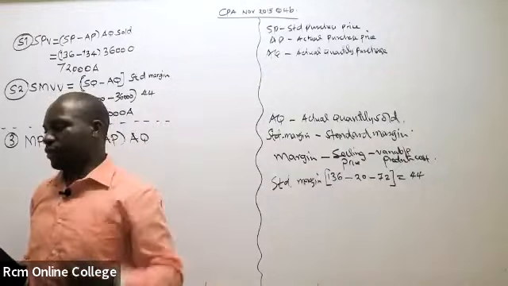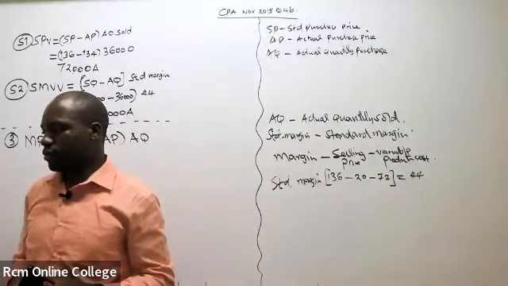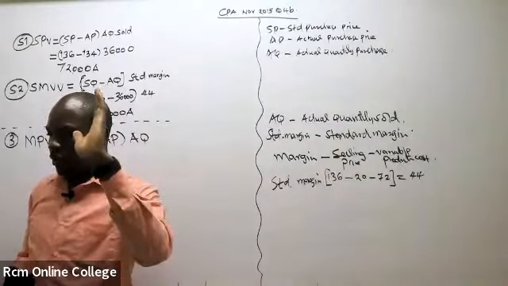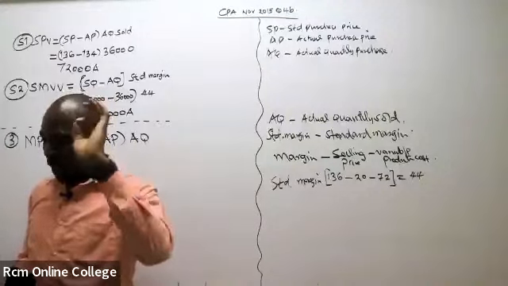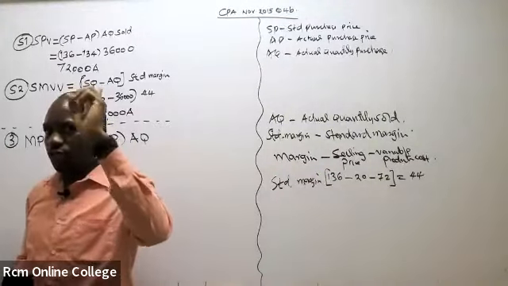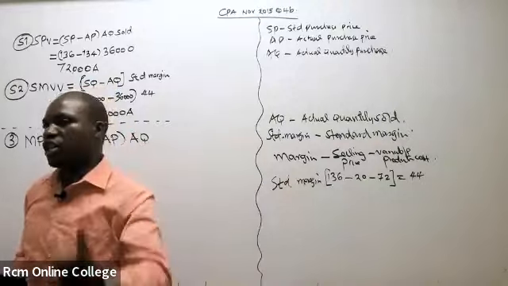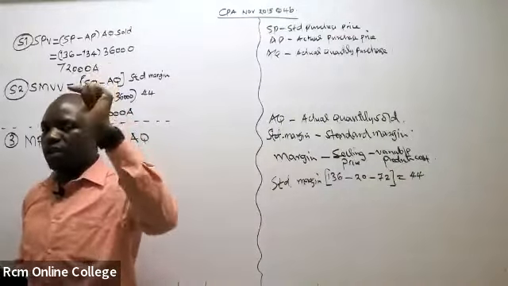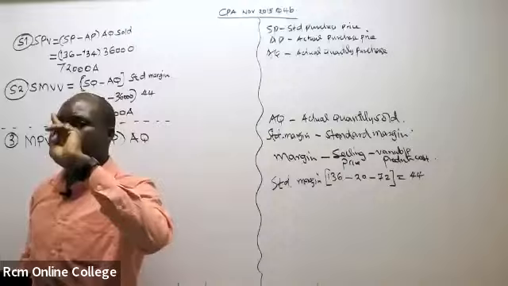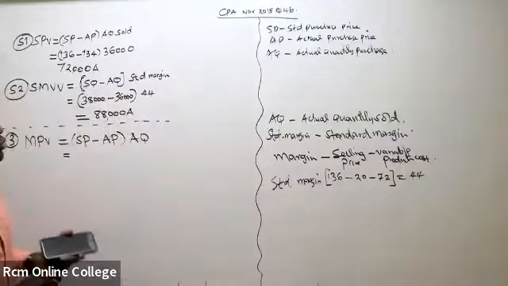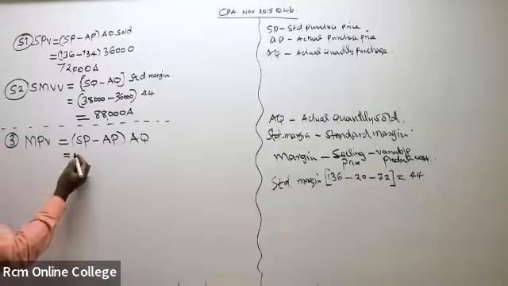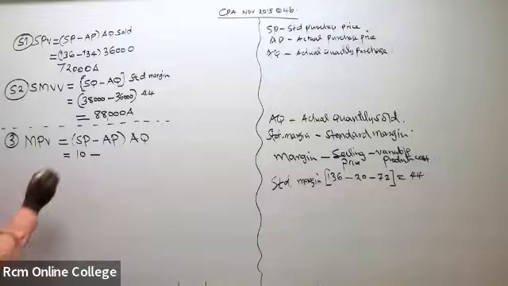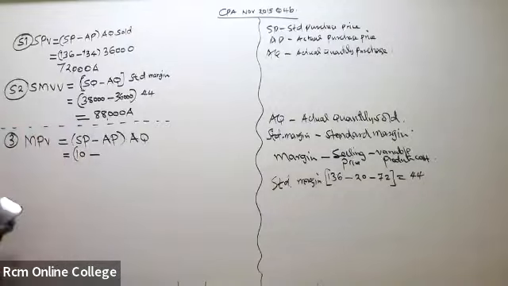So how much is that? It is 10 shillings. Standard price of 1 unit of raw material is 10 shillings. But the cost of raw material for a unit of finished product Q is 20 shillings. So what we are required to put here is the standard purchase price per unit of raw material, which is 10 shillings.